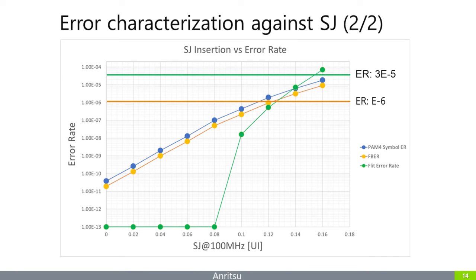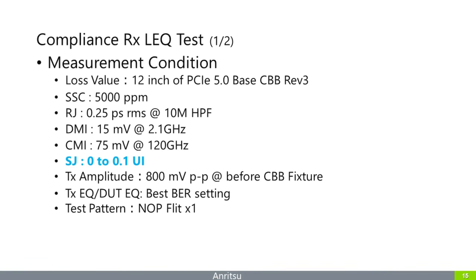So it also verifies when the FBER is worse than E minus 6, that doesn't guarantee the stable communication because the retry rate is worse than 3E minus 5.